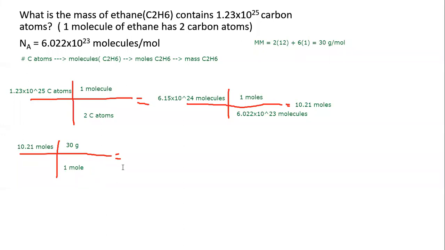We get 306.3 grams of ethane. So if we want a sample of ethane that contains 1.23 times 10 to the 25th carbon atoms, it's going to have a mass of 306.3 grams.